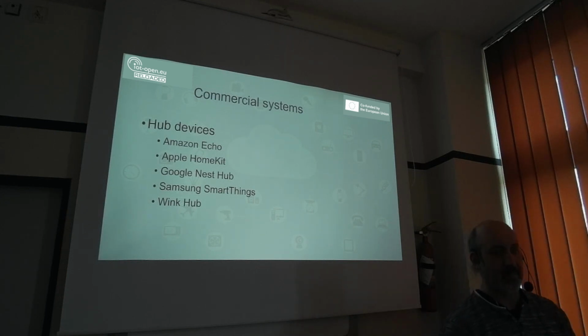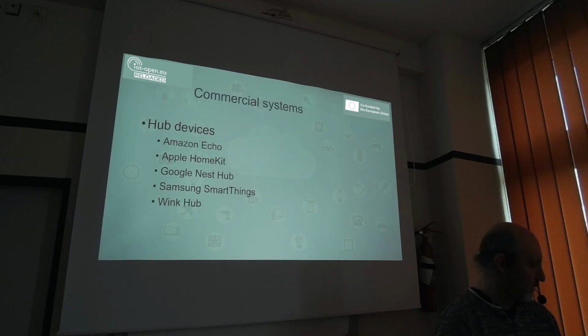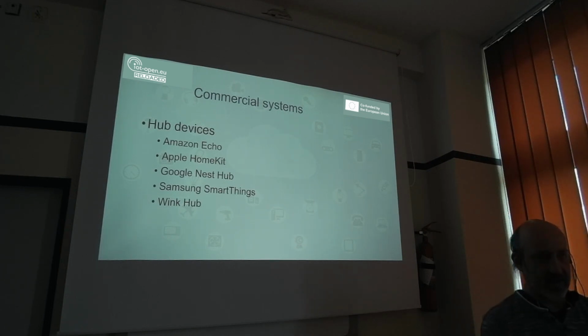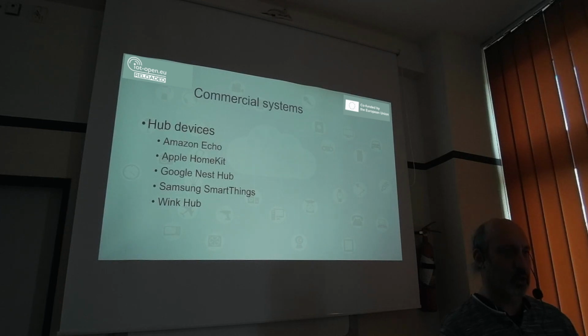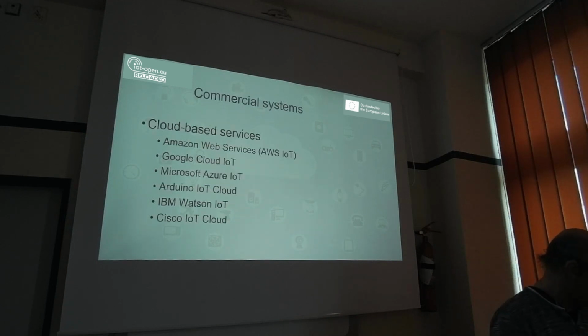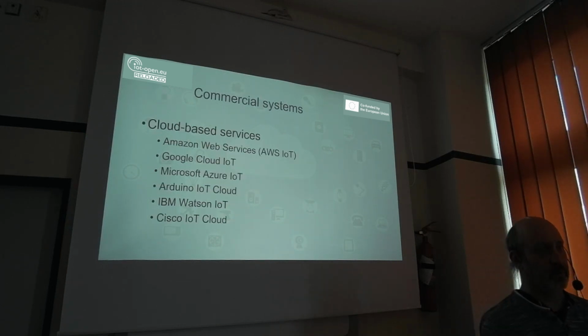For example, Amazon Echo, Apple HomeKit, Google Nest Hub, Samsung SmartThings, and I found also something that is named Wing Hub. This is a device that enables us to connect different elements of IoT infrastructure to one central point, but we also have the possibility to connect our home automation system to the cloud.